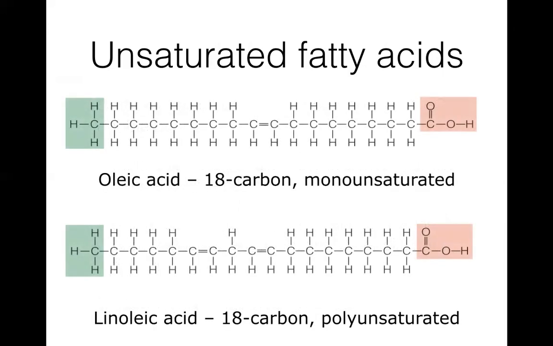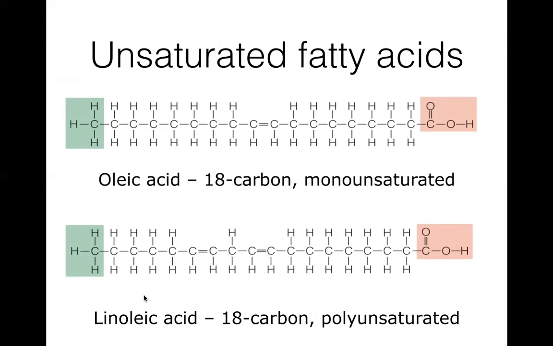So we have here two examples of unsaturated fatty acid. Oleic acid contains 18 carbons, and in its chain, it only contains one double bond, exactly at the center. So this is a monounsaturated fatty acid.